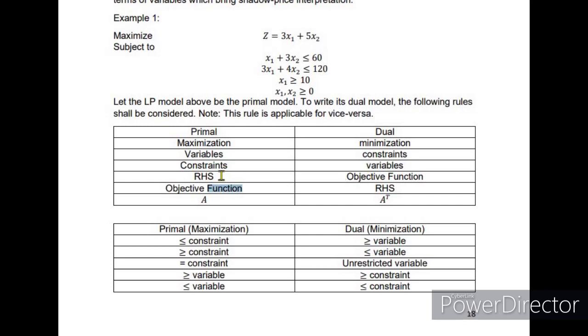The RHS in the primal will become the objective function in the dual, and vice versa, the objective function in the primal will become the RHS values in the dual. And because what we are doing in the simplex table is a matrix, matrix A in the table will become A transpose for the dual. So we will just transpose it.